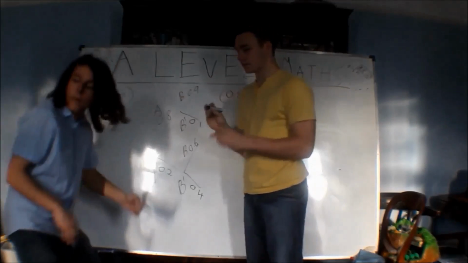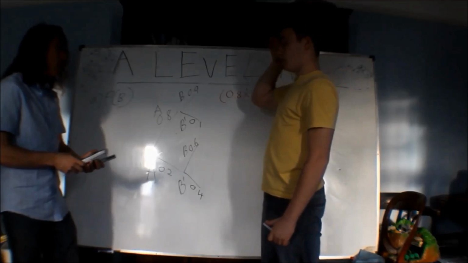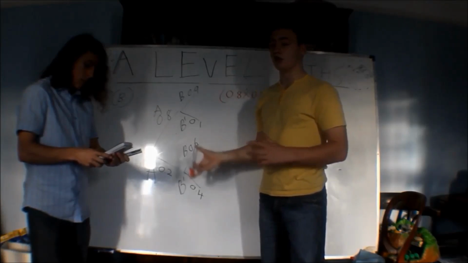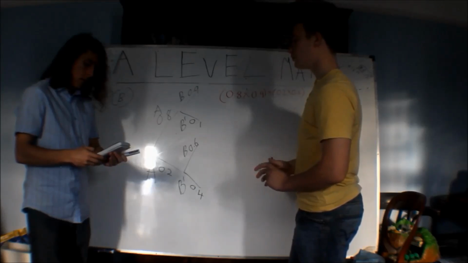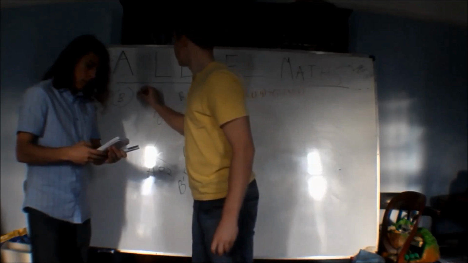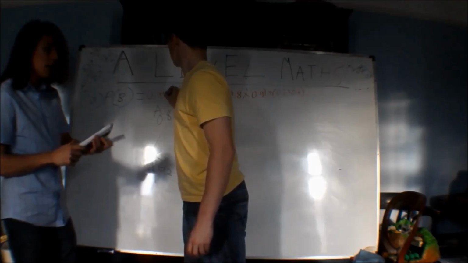So you've got to look at all the different paths available to do what the question's asking you to do. And that equals 0.84. That's quite a high chance of that happening.